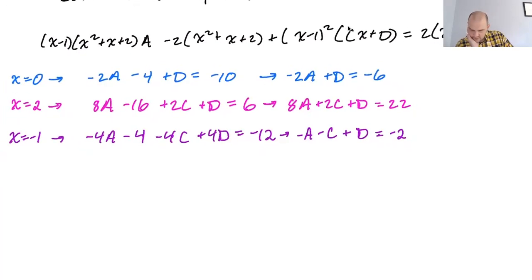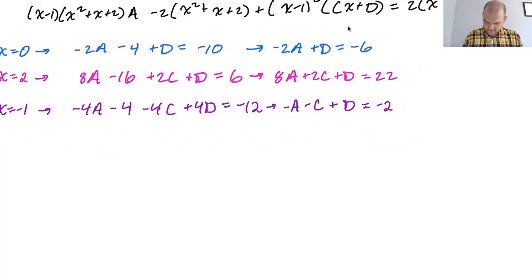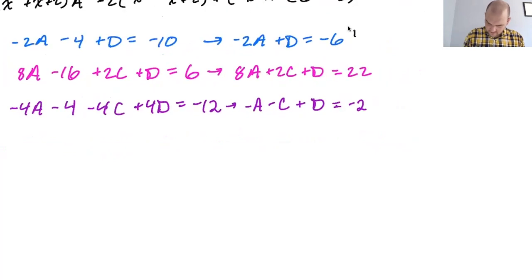All right, so what can we do? I'm going to double the third one and add it to the second one. I'm going to label these. Here we go, 1, 2, 3.